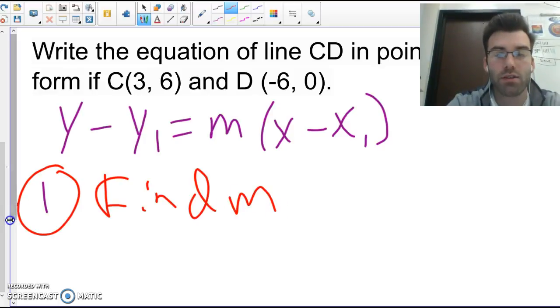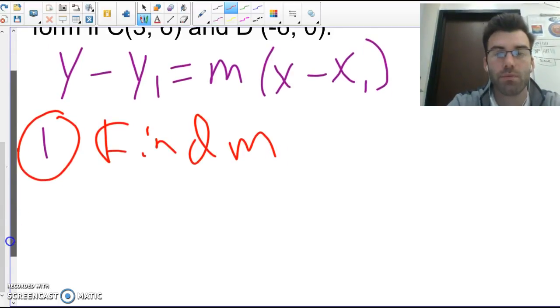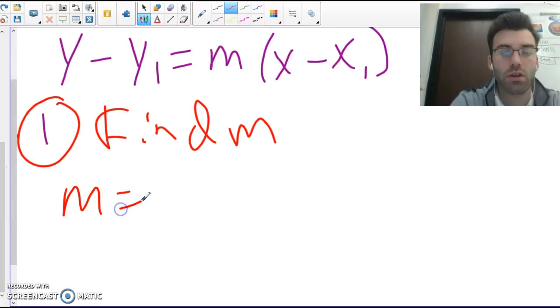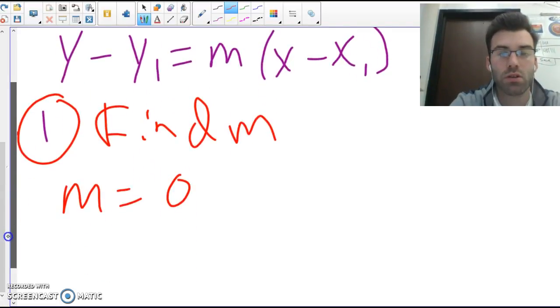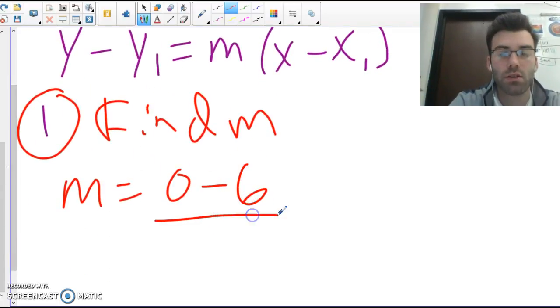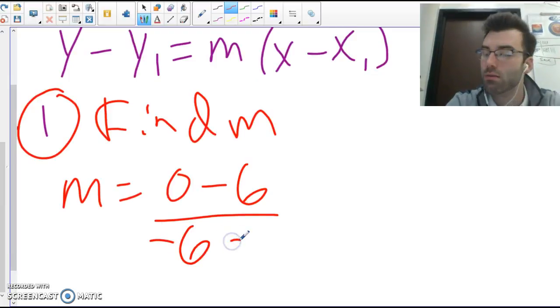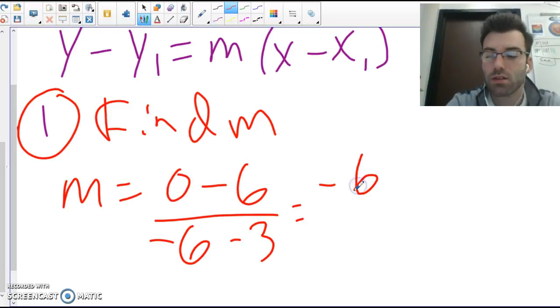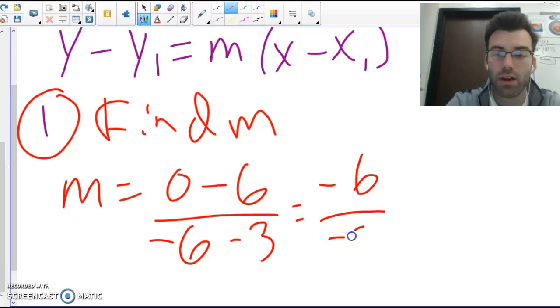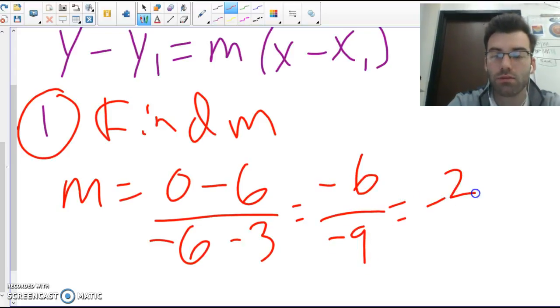So we've got to find our slope. To find our slope, we do m equals 0 minus 6 over negative 6 minus 3, which is negative 6 over negative 9, which equals positive 2 over 3.